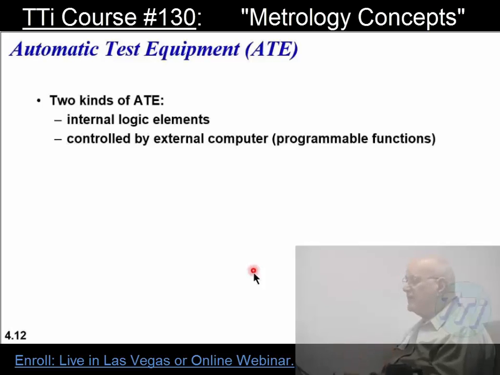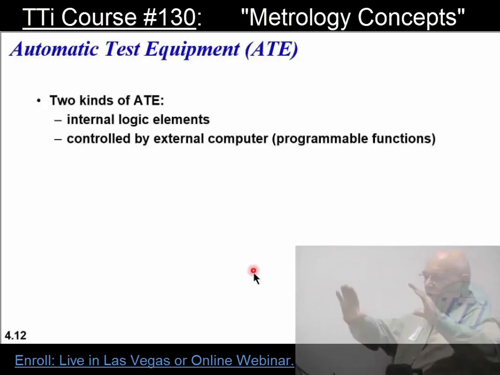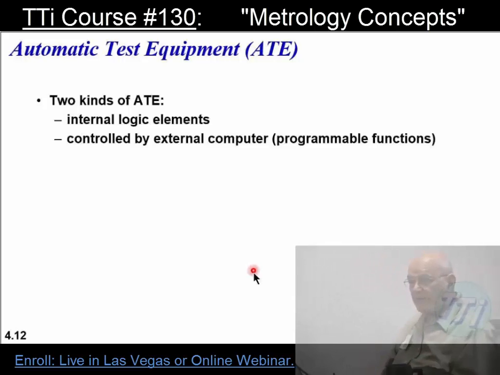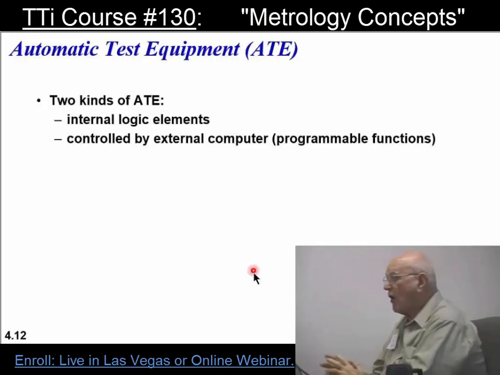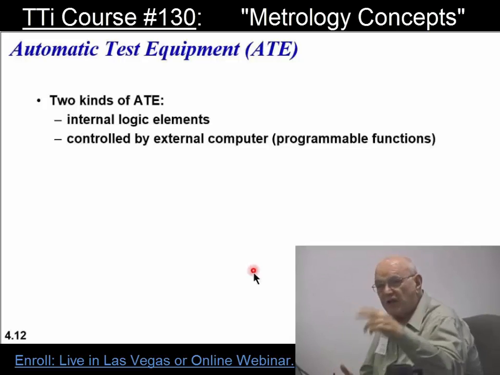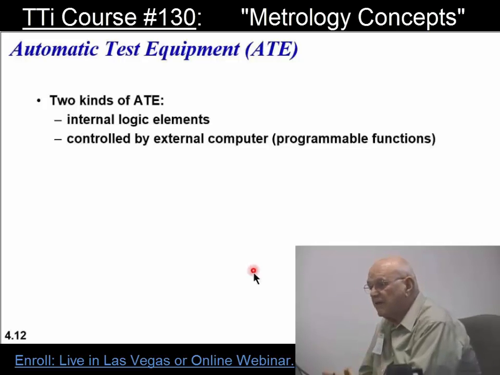Automatic test equipment, ATE, two kinds. Now, what we mean by this is that if you go to some of the earlier systems they did at General Dynamics, they did not have computers in them. They actually had control boxes where they hardwired the logic for the sequence of tests. And they worked well. In some cases, it's still easier to do that.